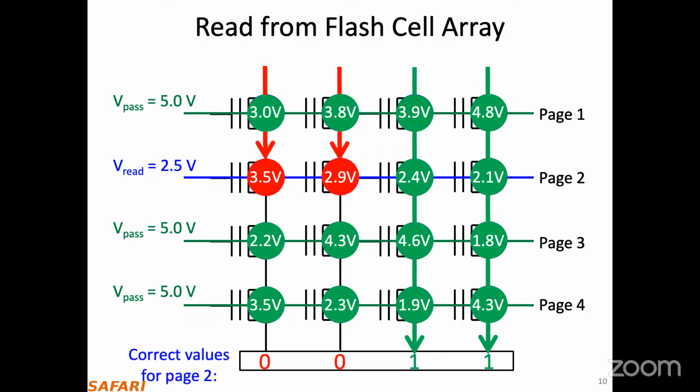So you consider it encoded as 0. And for those cells that your reference voltage switches on, you will flow current and encode it as 1.